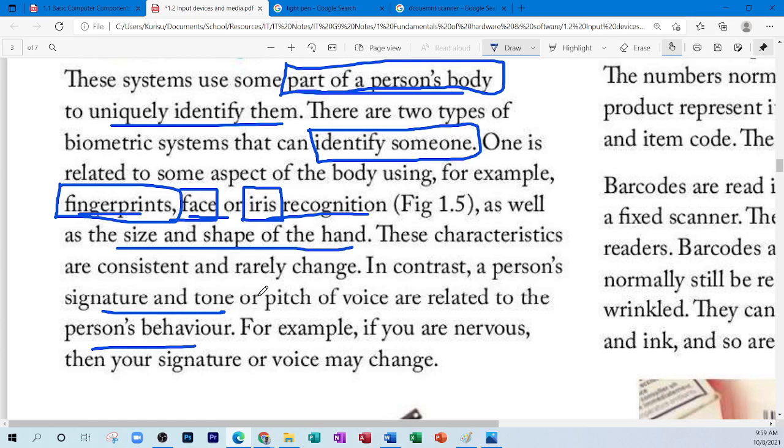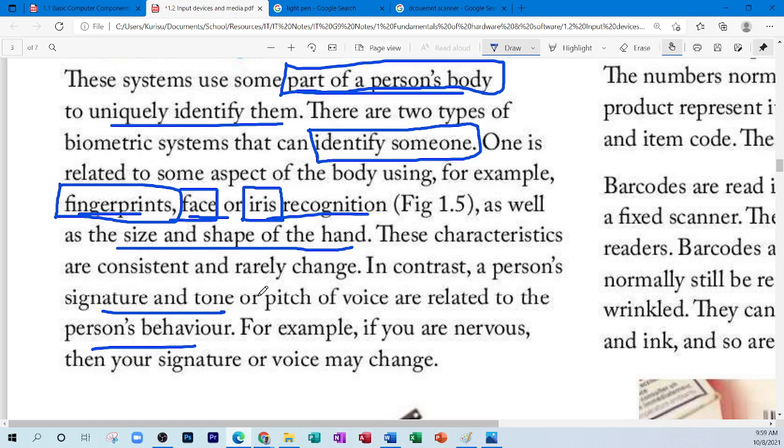Our fingerprint and our iris, I'm not sure about the iris, but our fingerprint, that's why fingerprints are used so commonly by police because it's very unique to a person. Unlike our face, we can basically look similar to another person. Somewhere in the world, somebody might look exactly like you.